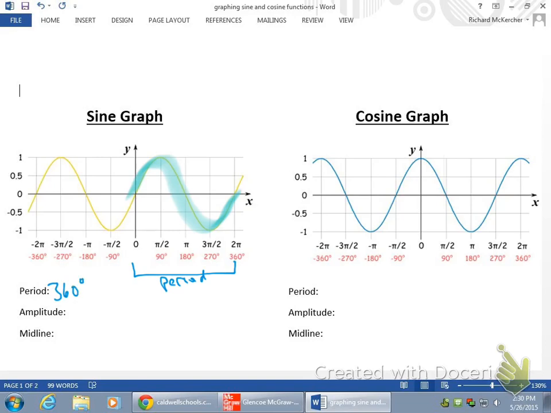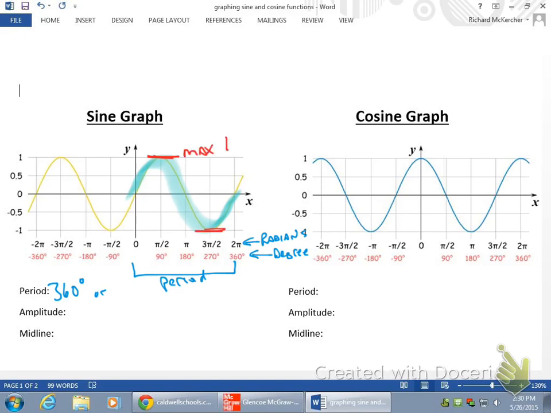That is 360 degrees. So if I start here, go up and down, down and up, and that repeats itself. Again, as a little bonus, the top measurement is in radians, which you'll do with Math 3. The bottom's in degrees, and that's what you need to know for this math.